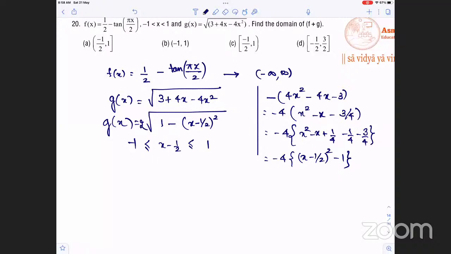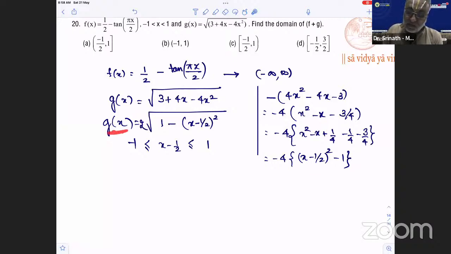Please observe this, if g of x has to be defined, then this x minus half should be numerically less than 1. It has to lie between minus 1 and plus 1. So then minus 1 plus half is less than or equal to x, less than or equal to 1 plus half.